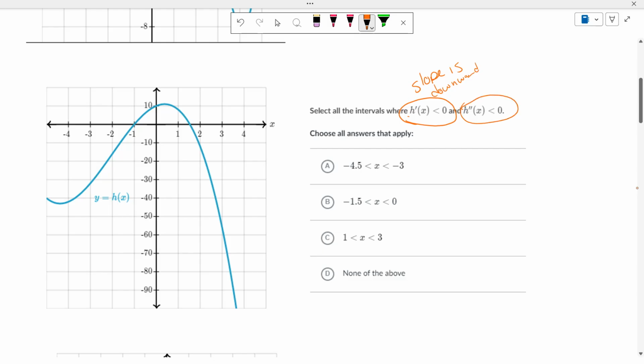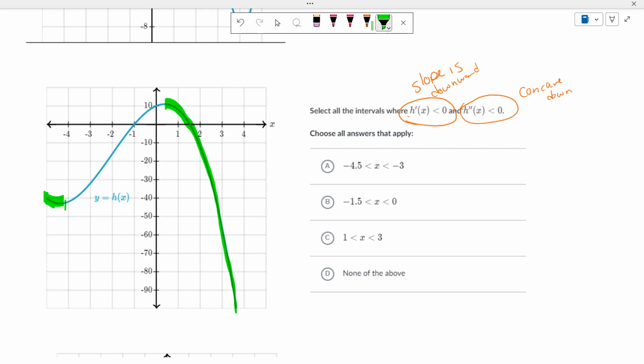And where the second derivative is less than 0, that's where it's concave down. So you need to find where the slope is down. Well, the slope is down right here and right here. That's where the slope is negative. Okay?